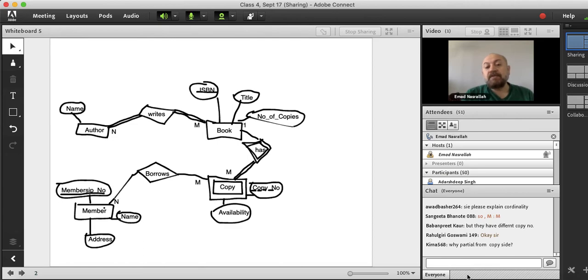Why partial from the copy side? When you are not sure, make it partial, because maybe there is a copy that will never be borrowed.